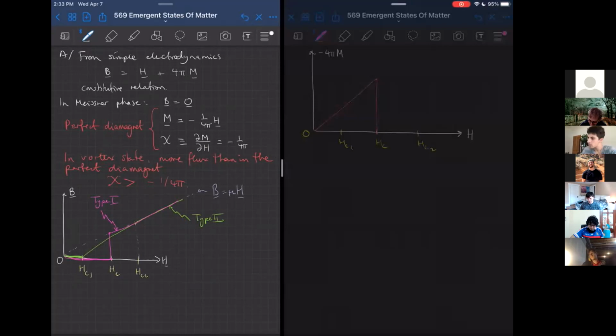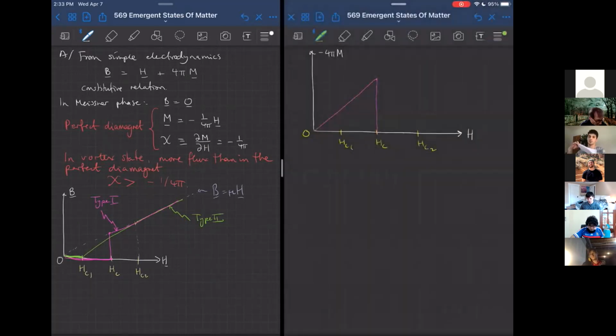In type 2, until you get to HC1, it behaves just like a type 1 superconductor, and then it gradually decays down to here beyond HC2, and then you get something like that.